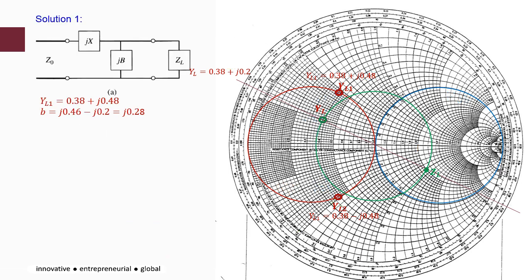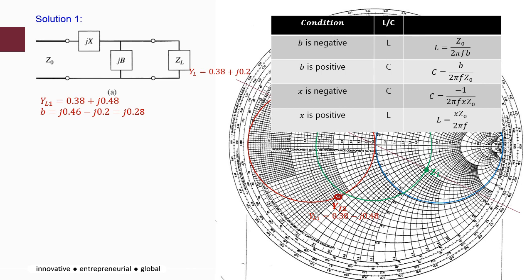Let's go to the table again. We start with solution 1. If B is a positive value, the component will be a capacitor C. What will be the C value?